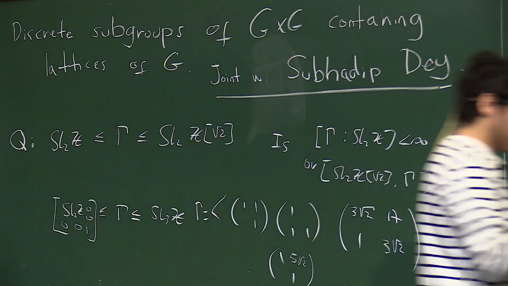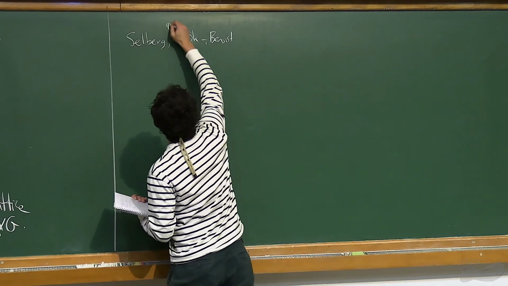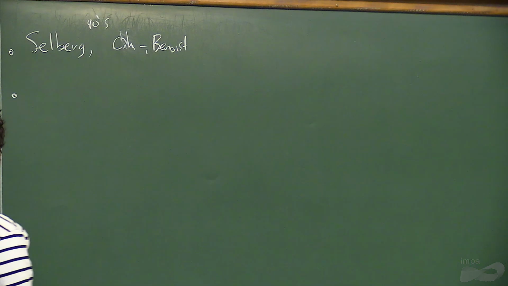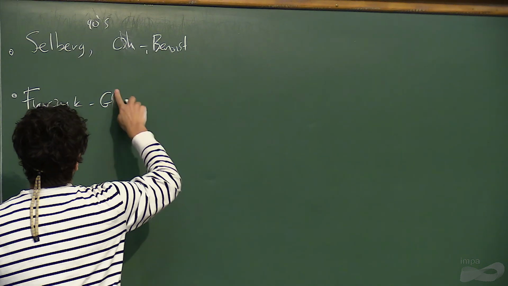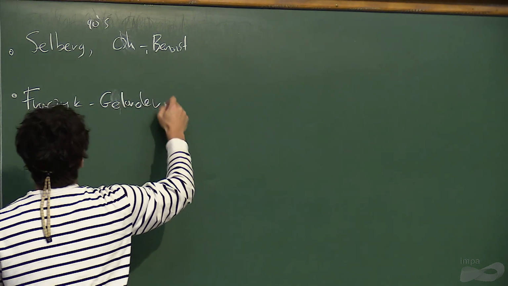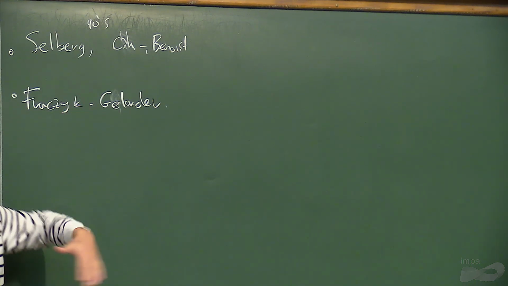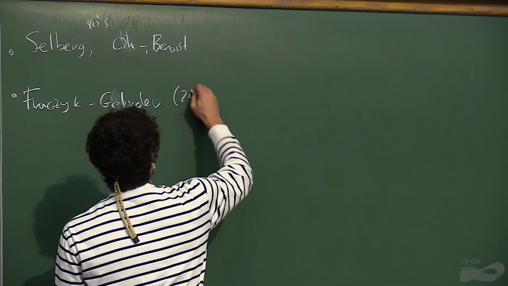At least this one was in the early 90s, and there is some recent work of Frączyk and Gelander that applies for simple Lie groups, and says that if you have a discrete subgroup with a bound on the injectivity radius of the locally symmetric space associated to it, meaning you take the quotient space by gamma and it has an upper bound on the injectivity radius, then this is actually a lattice.